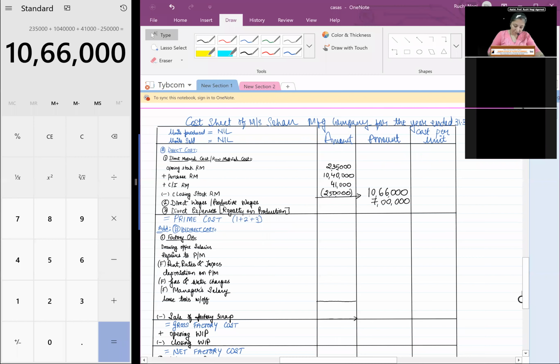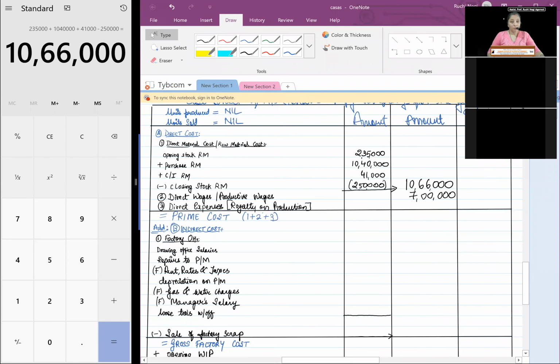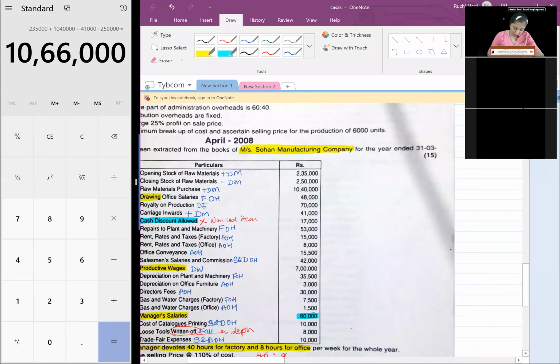Like this. Opening stock of raw material, add purchase of raw material, add carriage involved on raw material, closing stock of raw material, then direct wages, and then we have direct expenses, royalty on production.